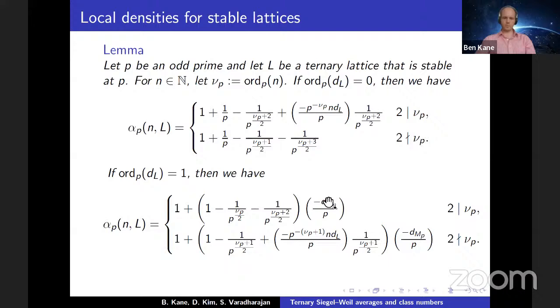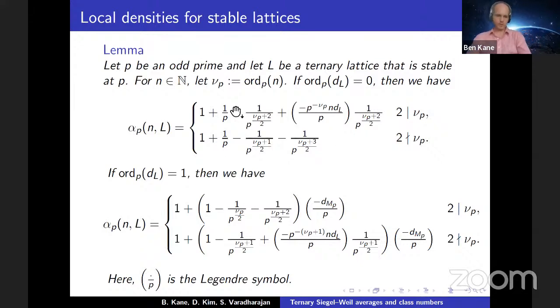I won't go into detail about what this is, but L_p can be written in terms of M_p. And so this discriminant is showing up there, and then we can get this Legendre symbol. So these are our Legendre symbols, these fractions.